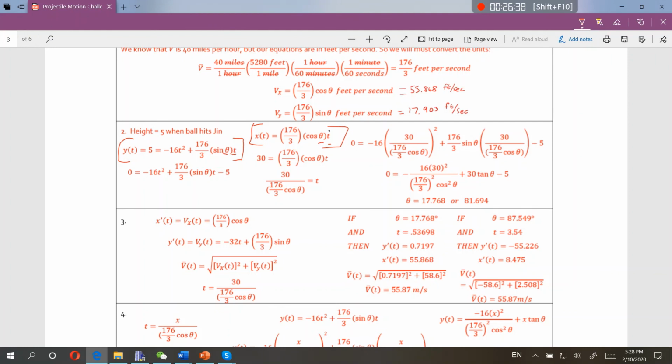Okay then, number 4. Create an equation that models the ball's trajectory. So that's y in terms of x. So what I'm going to do is take our time, since I've got a time equation, and I also have a vertical displacement equation that is both an angle and a time.